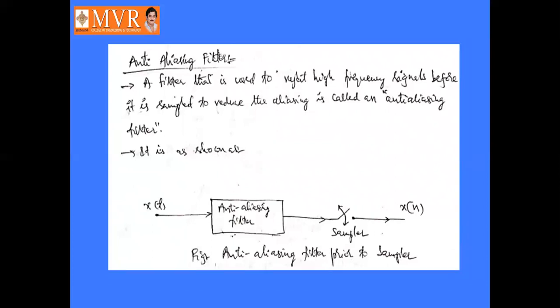Diagrammatically, it is represented like this: x(t) is the input, then the anti-aliasing filter, used before the sampler, and then we get x[n].